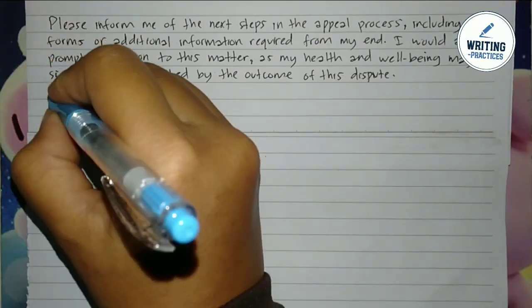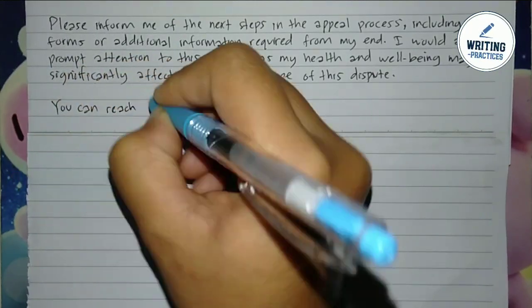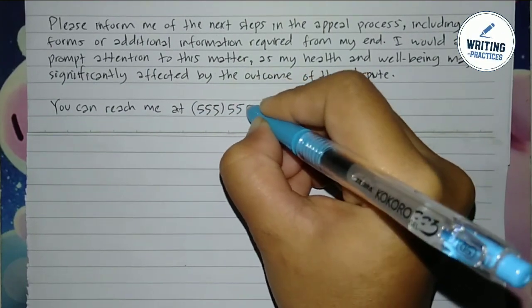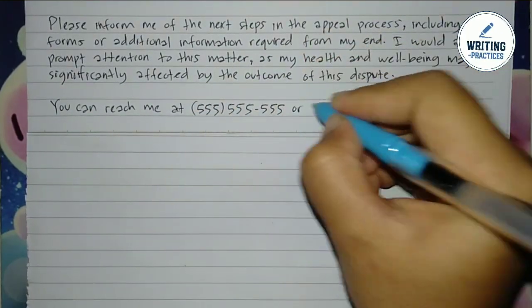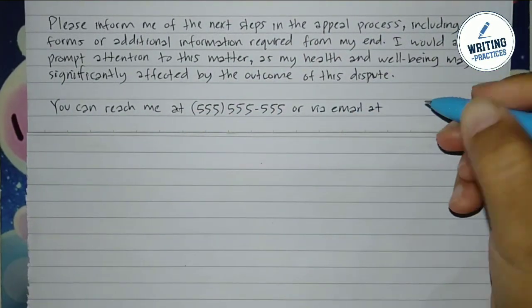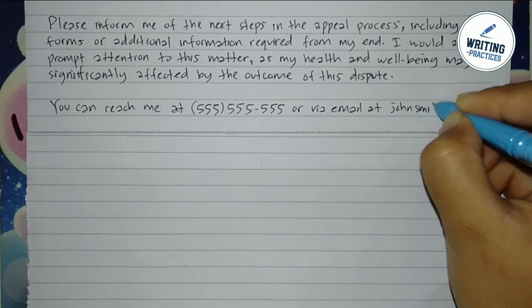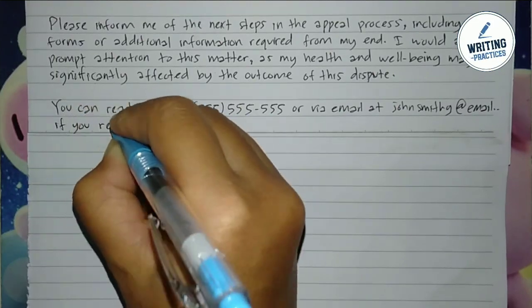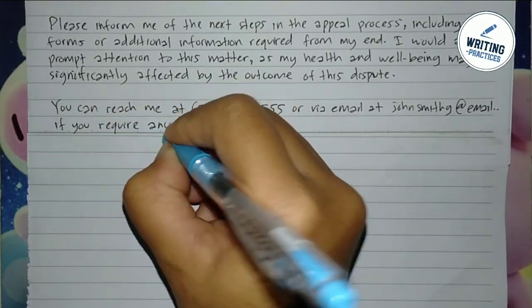And in the fifth paragraph, you can give your personal contact information. They can be your phone number and email address. This is important since the recipient may need a faster way to inform you about their new decision.